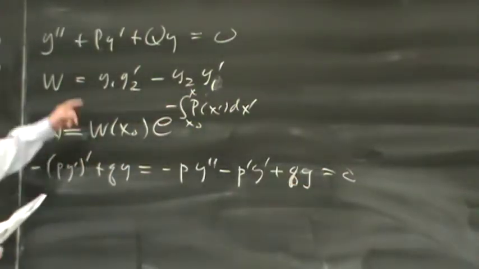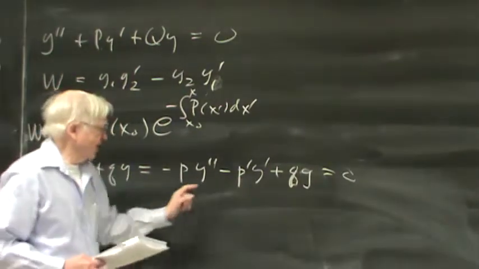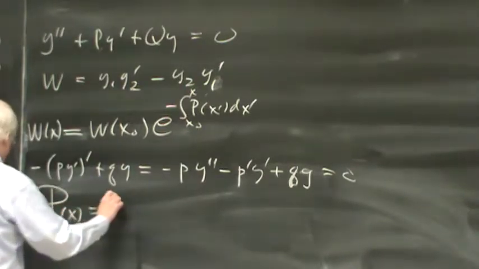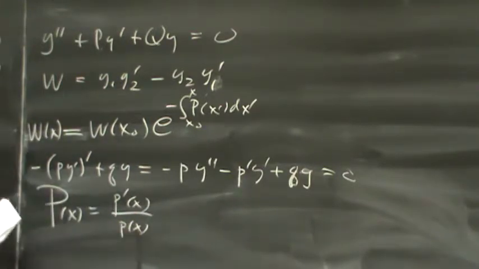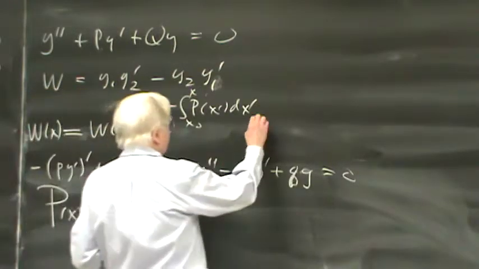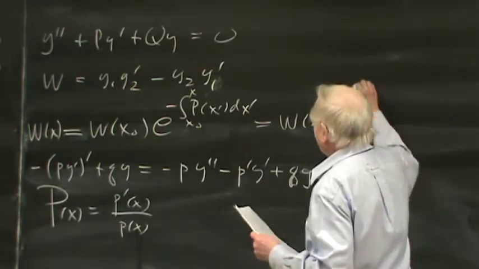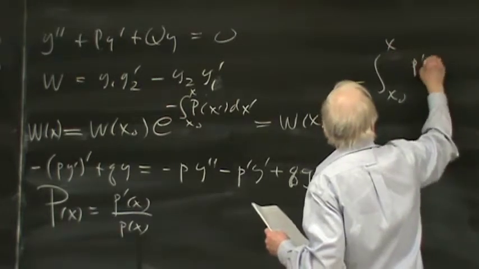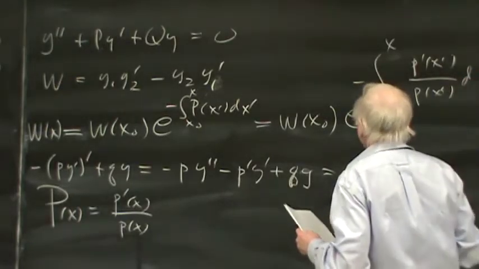And so by comparing these two equations, you see that big P, capital P, is p prime over p. So big P of x is p prime of x over p of x. And so this wronskian for a self-adjoint differential operator, formally self-adjoint, is e to the minus integral x0 to x. And now this is p prime of x prime over p of x prime dx prime.